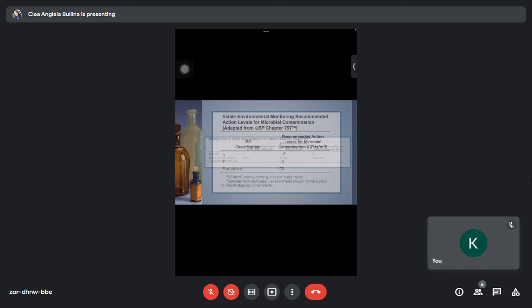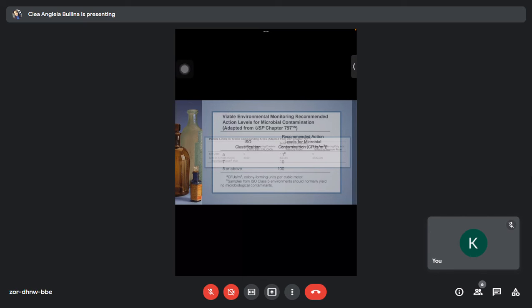This is in CFU, class. CFU is colony forming units per cubic meter. The accepted maximum CFUs for ISO classification 5 is 1 colony forming unit per cubic meter.